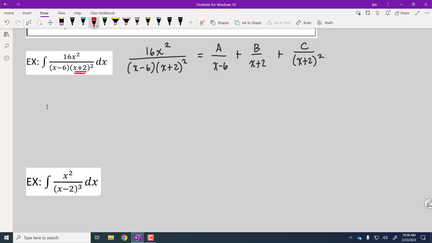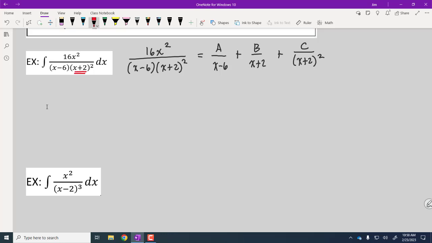Let's see, so that equation looks good, and you're plugging in your convenient value of negative 2. Something's wrong here. When you multiply by this denominator, you're just going to have an x plus 2 squared here, not an extra x plus 2.